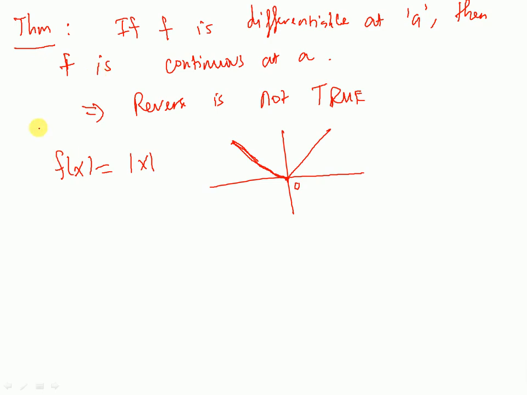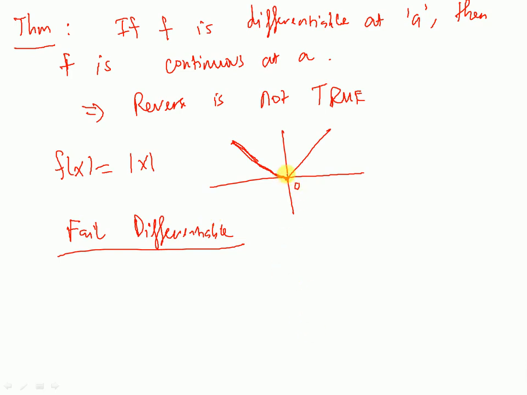Alright, let me show you a few pictures of the following cases for non-differentiable. The only times that we cannot take the derivative, or the function is not differentiable, is when we have a corner of the function.